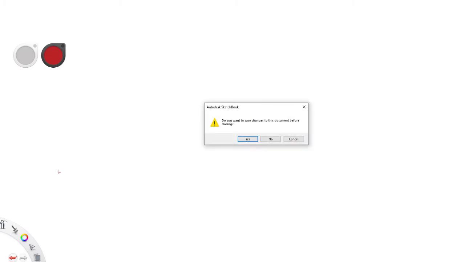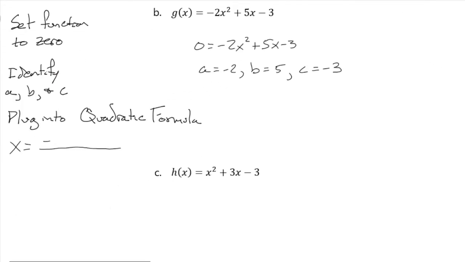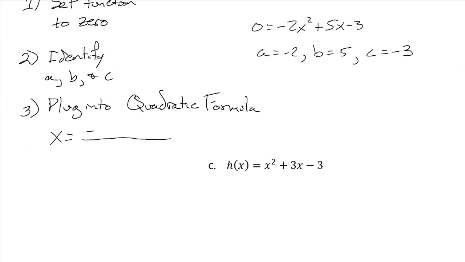My hand bumped something, sorry about that. Let's see, a little bit better. Plug into the quadratic formula, x equals big fraction, on top negative b plus or minus the square root of b squared minus 4ac inside the square root. And then on the bottom of the fraction we have 2a.